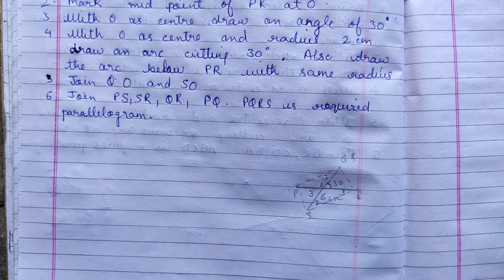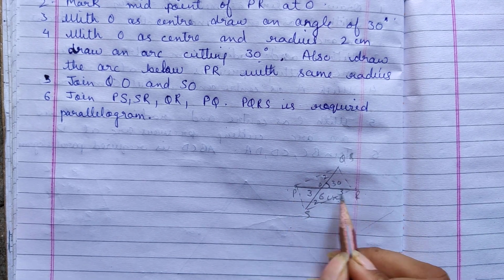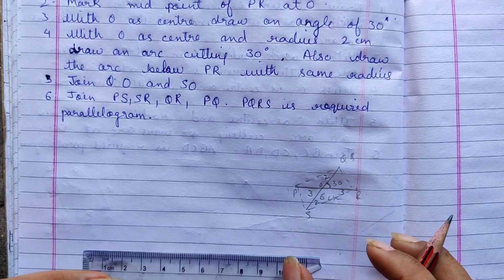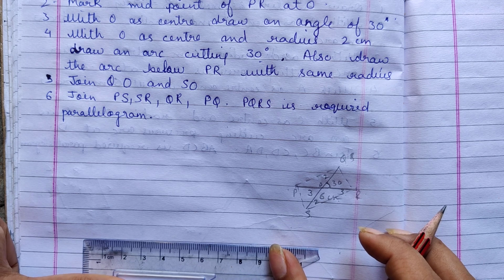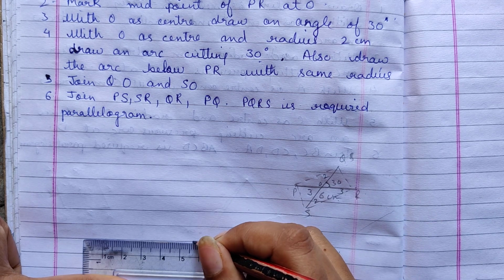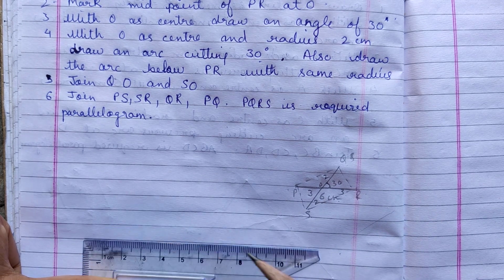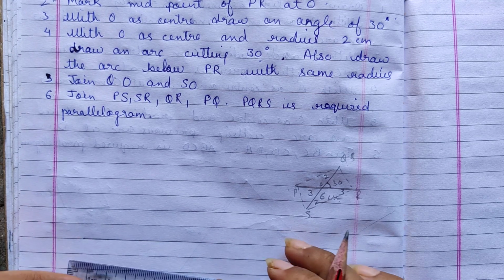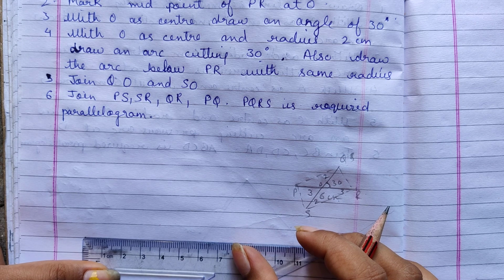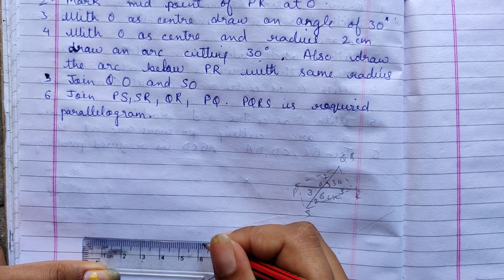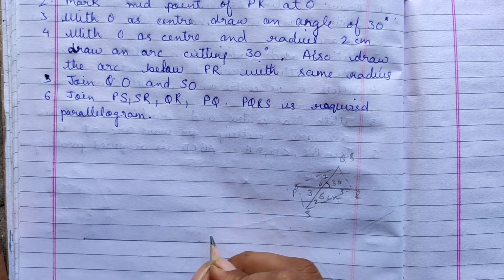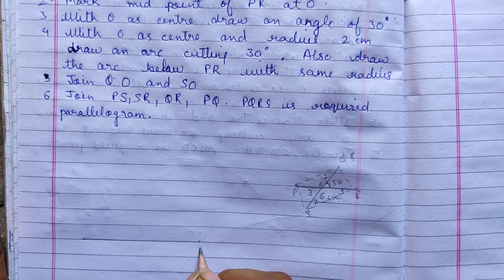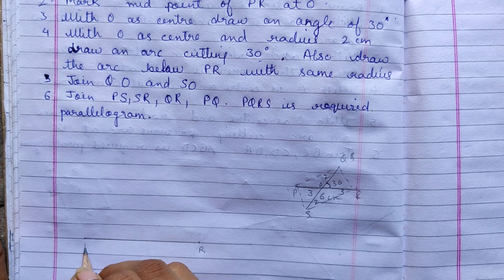So we'll start with drawing the baseline, which is PR, and 3 plus 3 is 6 centimeter. So draw the baseline of 6 centimeter. This is side PR.